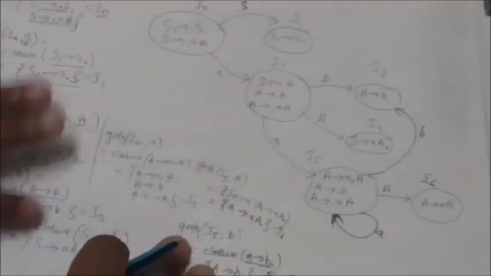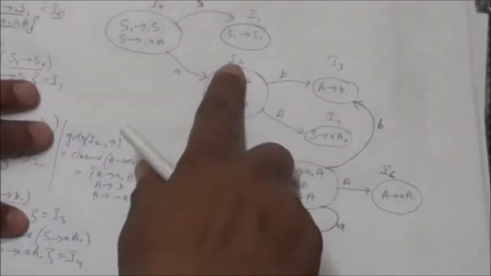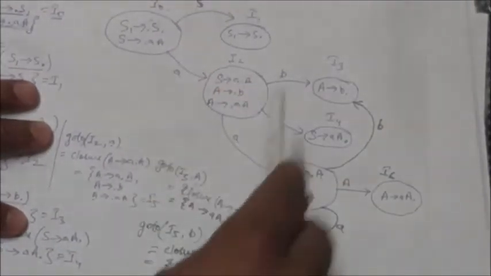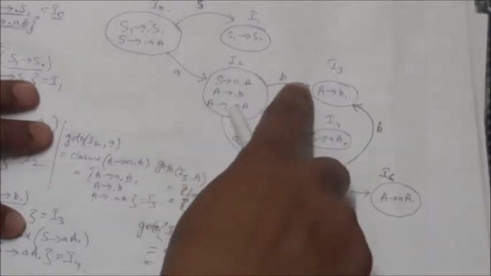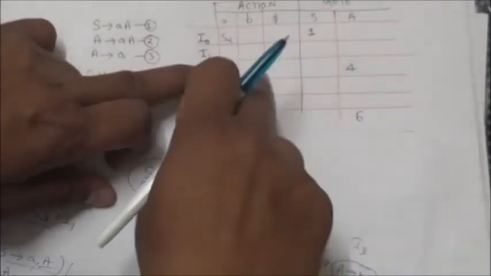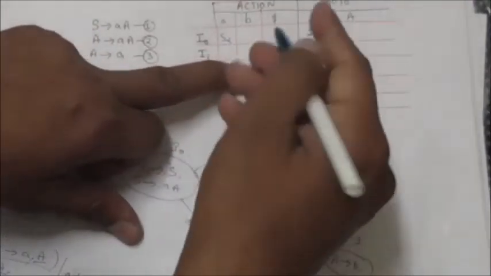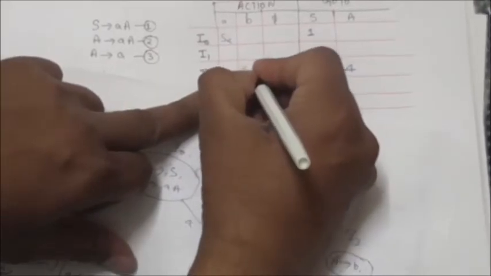Similarly, when the machine is in state I2 and it reads this terminal symbol B, then it jumps to state I3. So in the row labeled by I2 and column labeled by B, we will write S3, right?